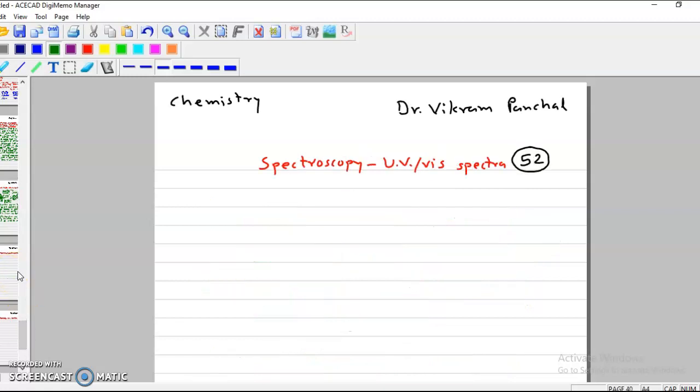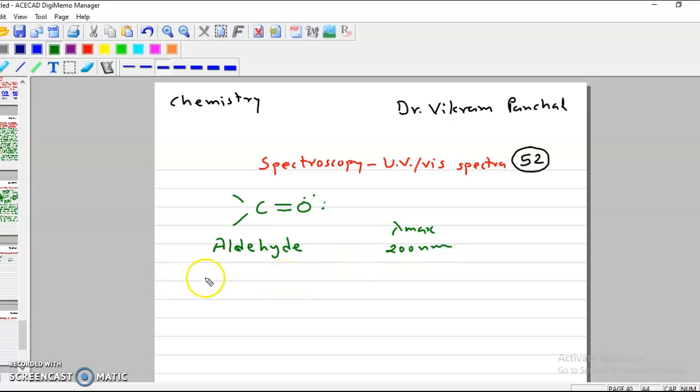Let us see some examples like C double bond O. If one of the bonds of carbon is with hydrogen, then we call it an aldehyde. The lambda maxima of this would be 200 nanometer or nearly 200 nanometer.